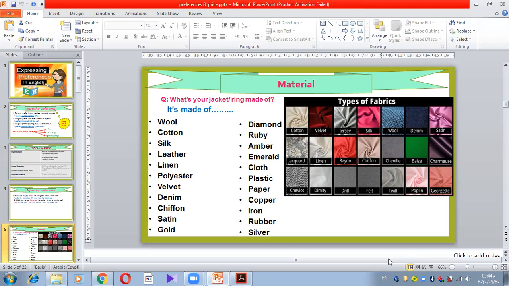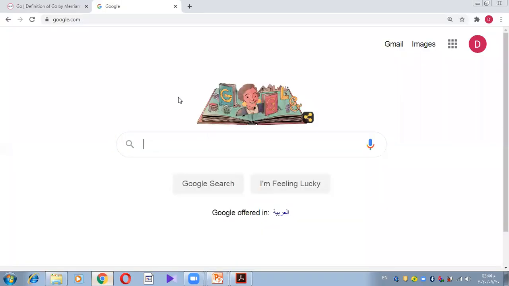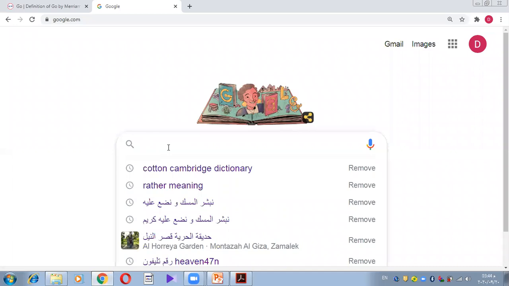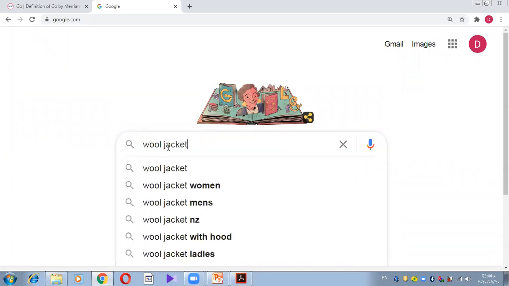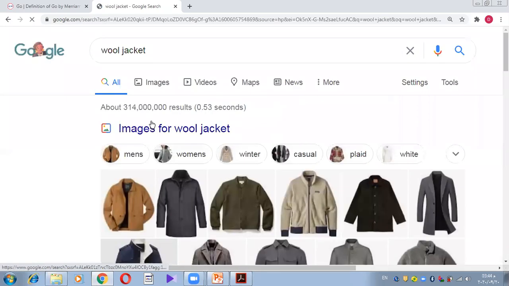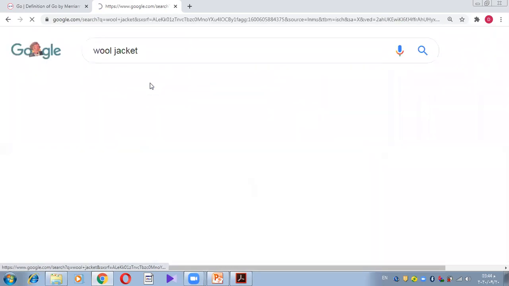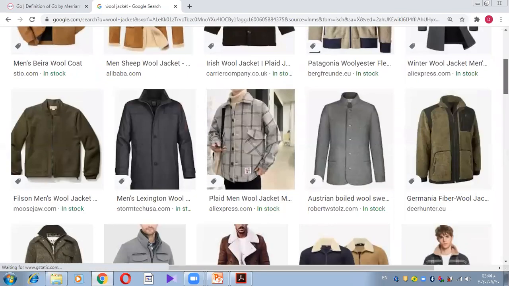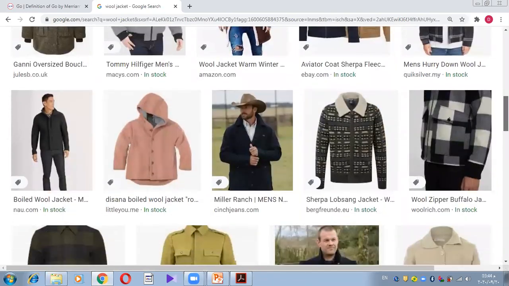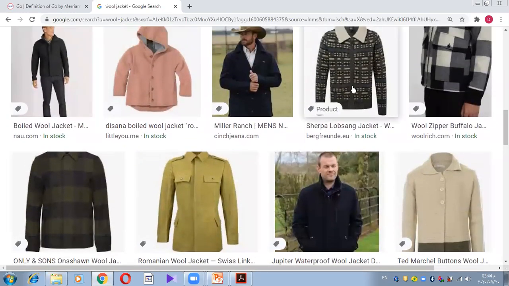Let's have a look. The first one is wool. So what is meant by wool? I'm gonna give you an image to make it clearer for you. That's wool jacket. Examples like these are the most common.